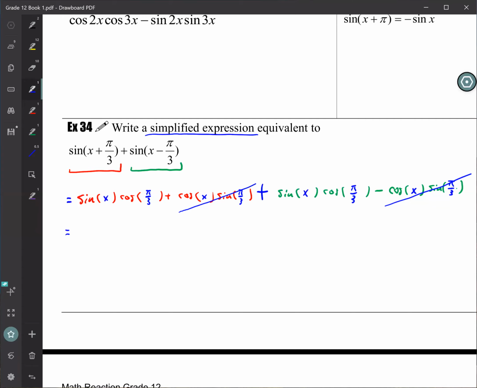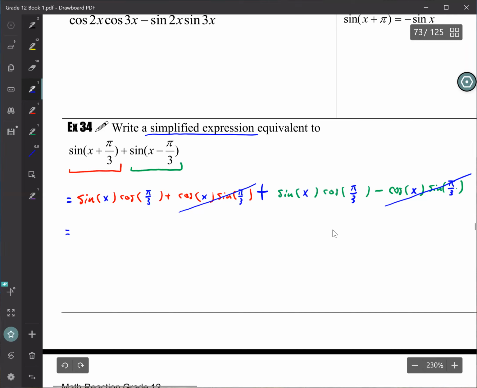Anything else you could also simplify? What about the leftovers? What can we do with the leftovers? Any suggestion? Anyone? Anybody?